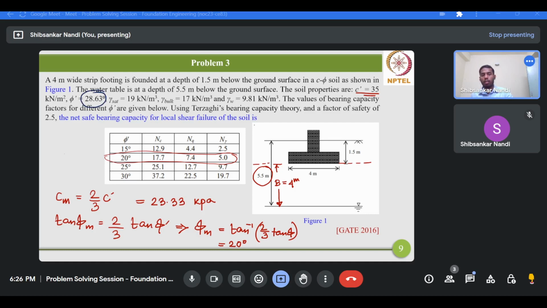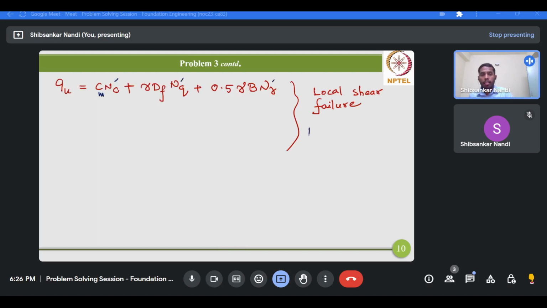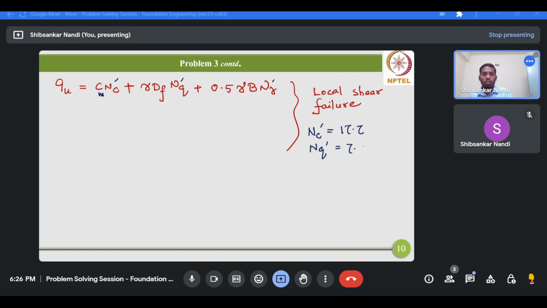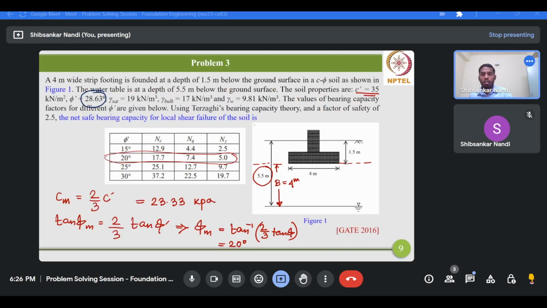Since it's clearly mentioned in the problem that you have to calculate the net safe bearing capacity for local shear failure, this Nc prime is 17.7, then Nq prime is 7.4, and N gamma prime is 5.